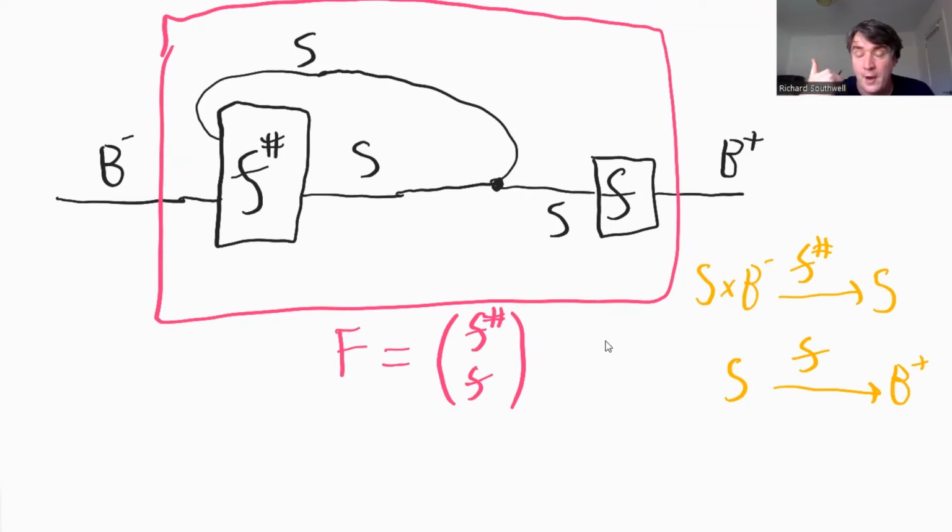So, okay, that's what an open dynamical system is for us. It's also known as a Moore machine, also known as a stream transducer. And what's interesting is the way that we think about this, because what we think about is that there may be a stream or an infinite sequence of different values flowing in on this wire from the left-hand side.